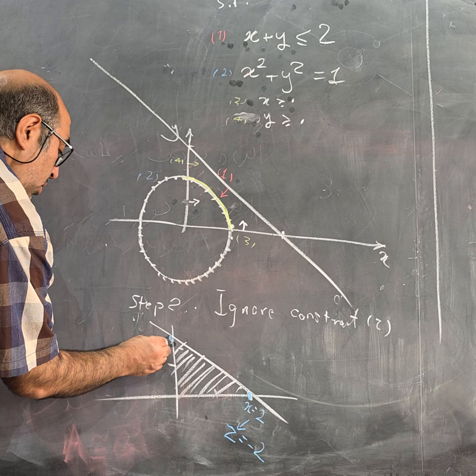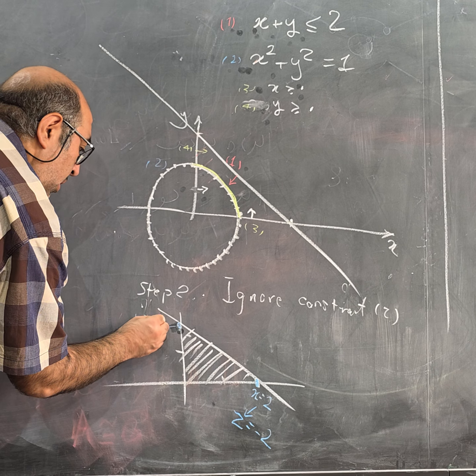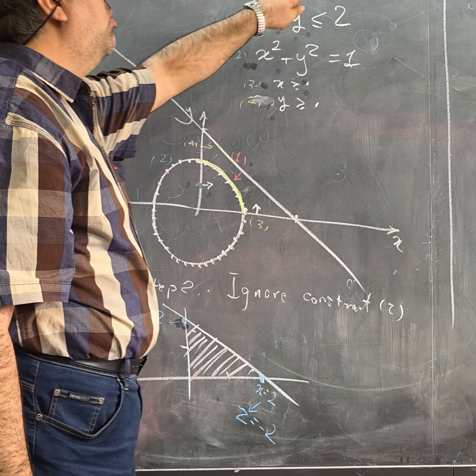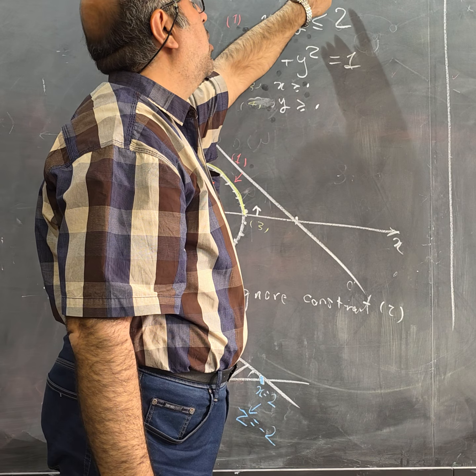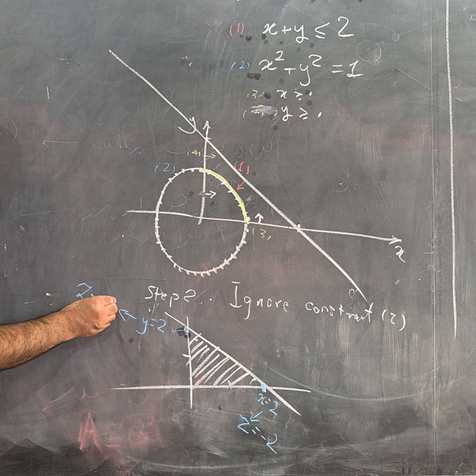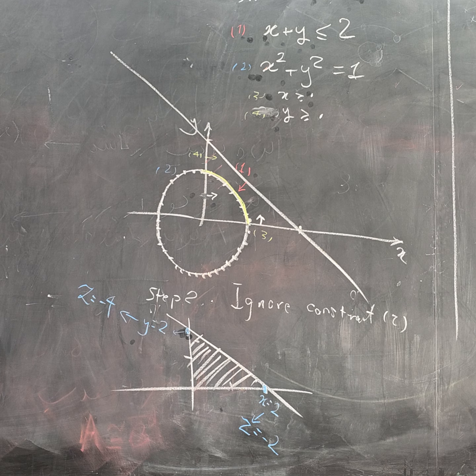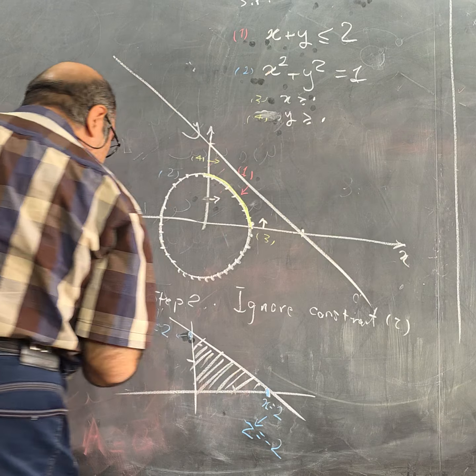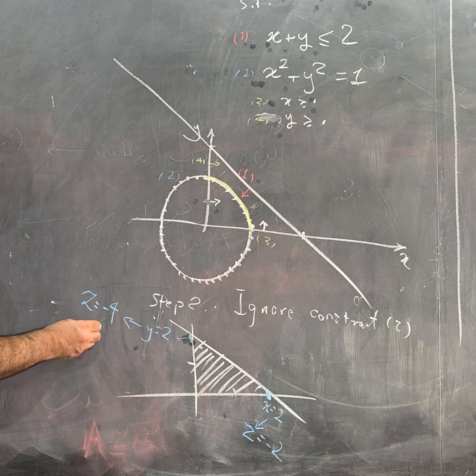Y equal to 2. By substituting y equal to 2 and x equal to 0, z is minus 4. Minus 4 is better than minus 2.